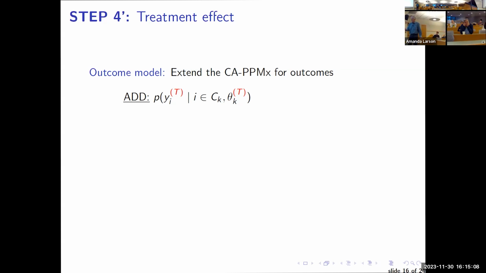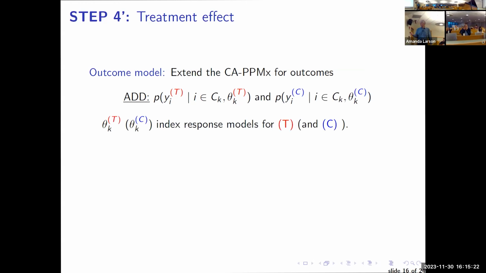Since we already introduced the clustering, we now introduce for each cluster a cluster-specific parameter to index a red sampling model for the treatment cohort. And of course, the same thing to index a blue sampling model for the matched control cohort, for the matched control stratum. And at this moment, we actually have a model for the outcomes.